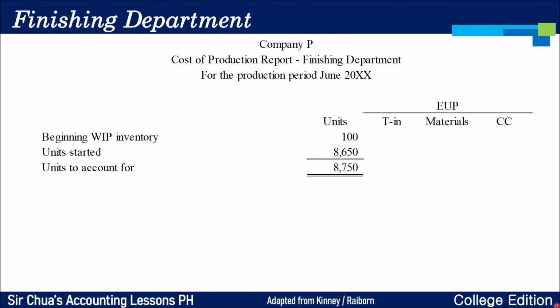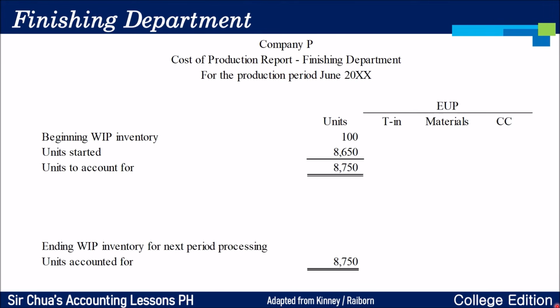So, if we need to account for 8,750 units, at the end of the process, dapat yan talaga yung nasa records, di ba? Now, in the units that we need to account, which is 8,750, the ending work in process inventory that will be required for the next period processing in the problem is 200 units.